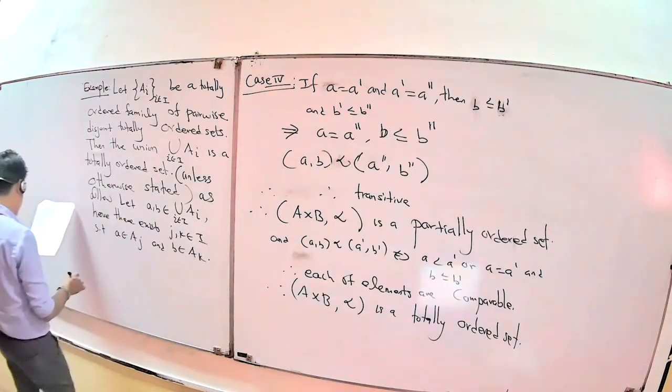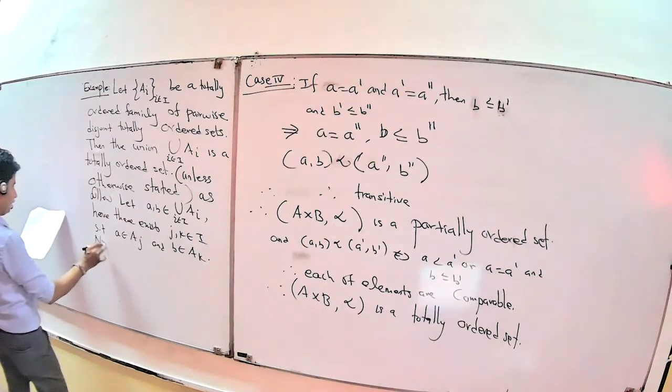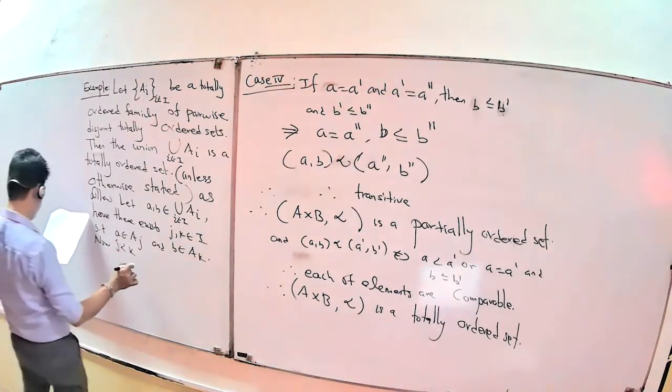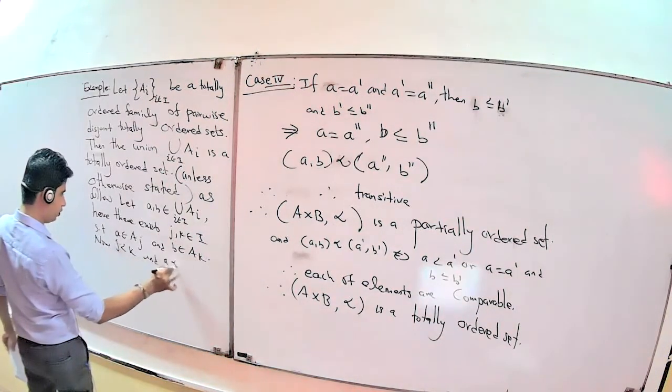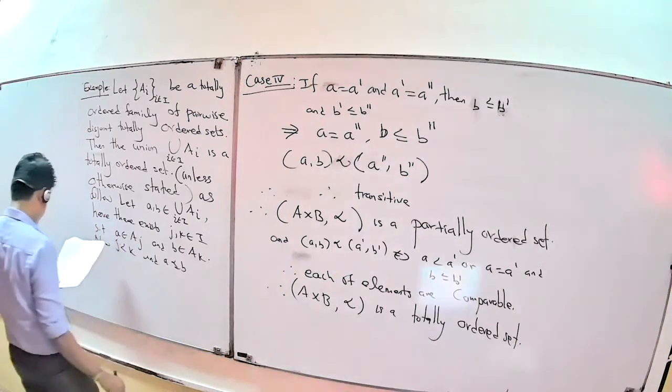Now, j and k are comparable, j precedes k, and a precedes b is also comparable.